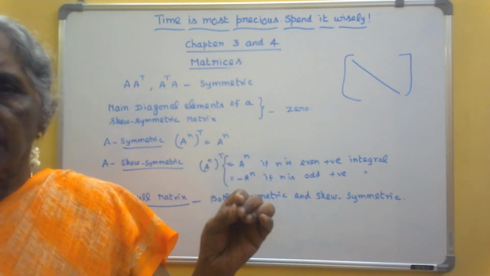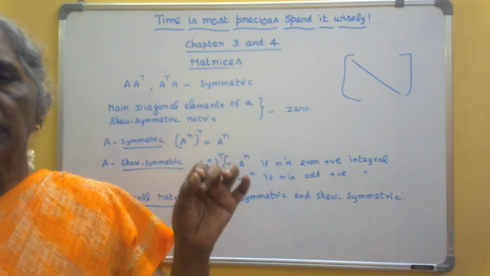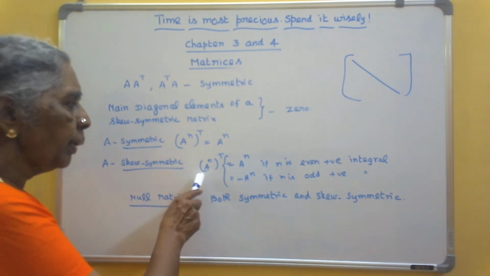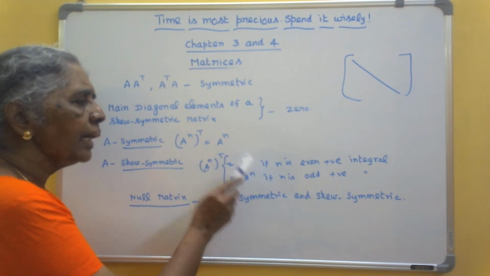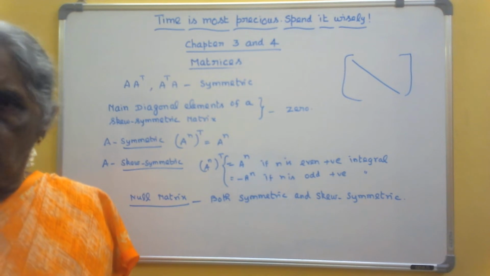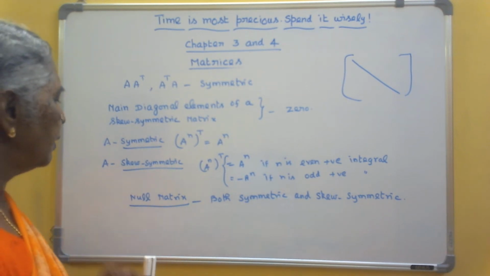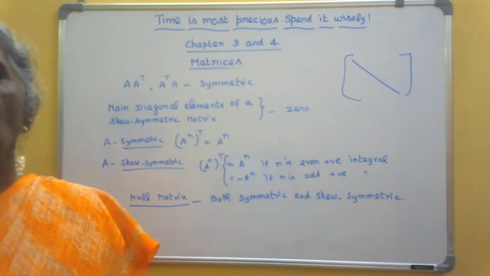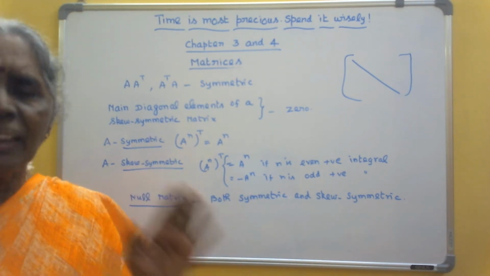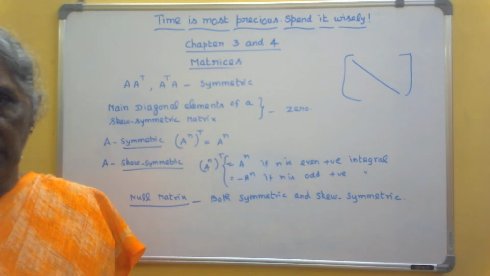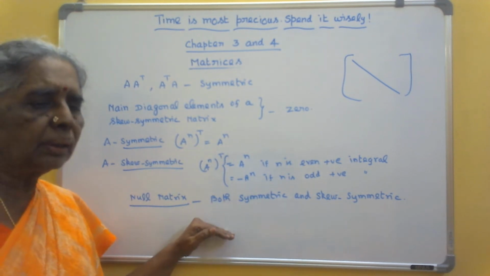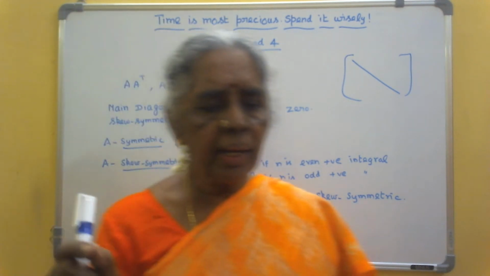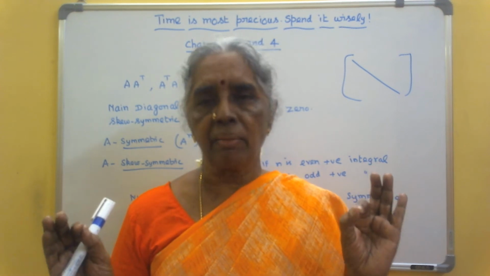If n is an odd positive integer, it will be equal to minus A^n. Then, which is the matrix which is both symmetric and skew symmetric? Only the null matrix is both symmetric and skew symmetric.